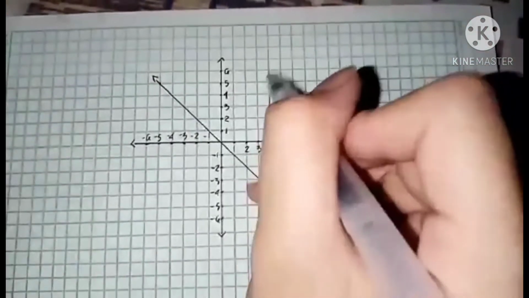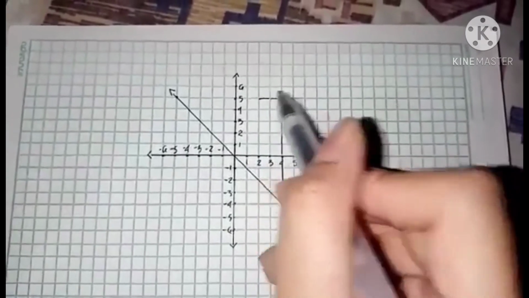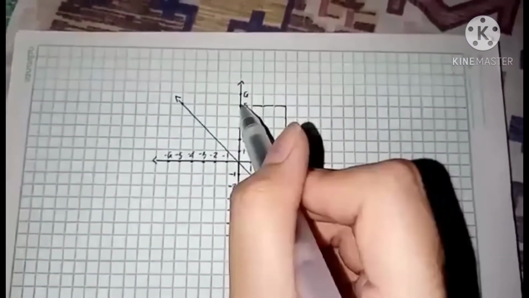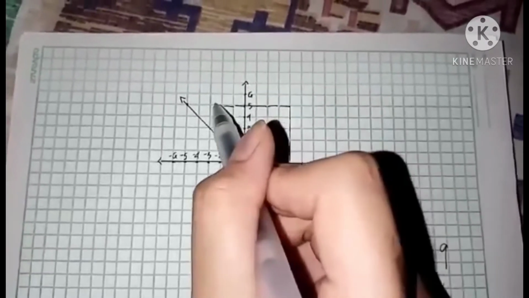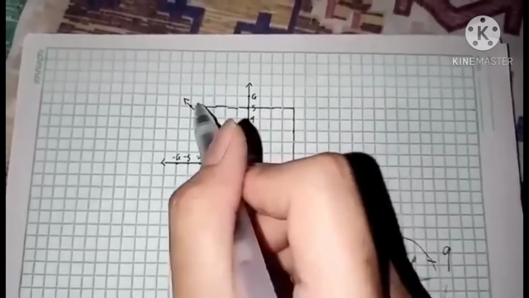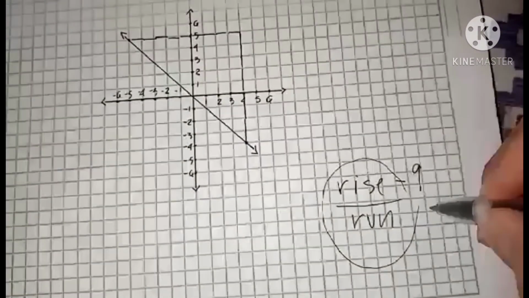And for the run: 1, 2, 3, 4, 5, 6, 7, 8, 9. Also, our run is 9. So that's how you determine the slope of a line in a given graph.